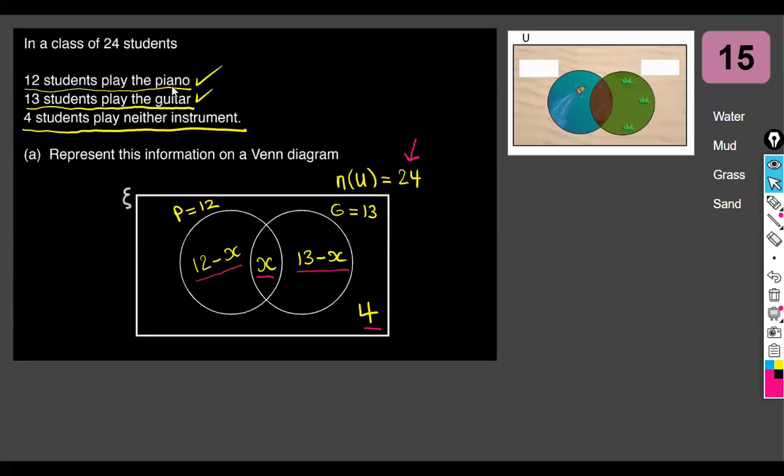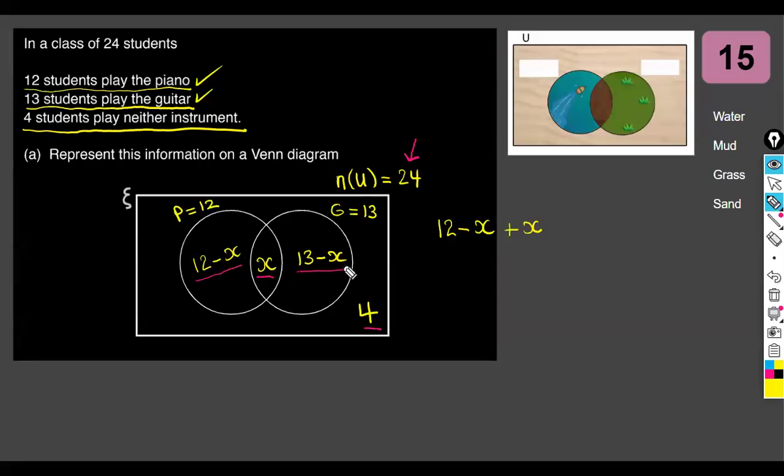So here's what, we're going to create an equation. I'm going to do it slow. I'm going to take the 12 minus x. I'm going to write it here. 12 minus x, that is this guy here. I'm going to add it to the x here.